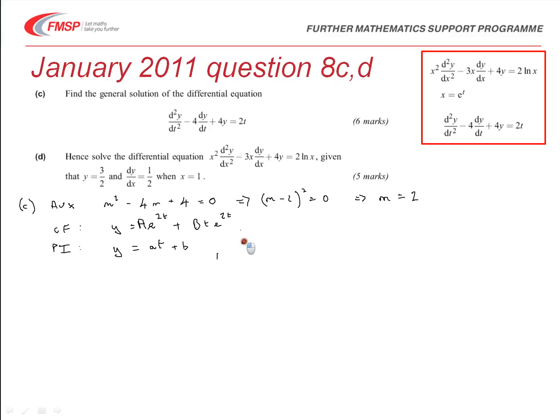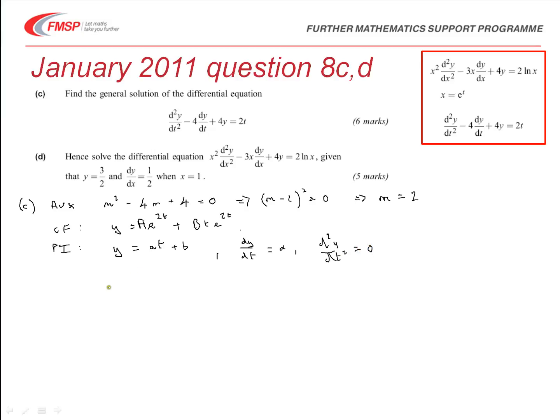So we first differentiate with respect to t to get dy by dt, and that gives us a, and then we differentiate it again, which in this particular case will obviously then give you 0, since we just got a constant.